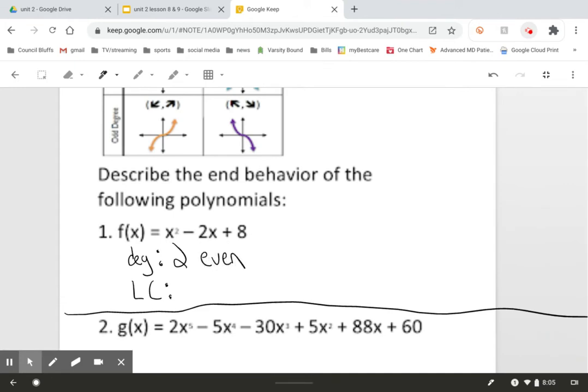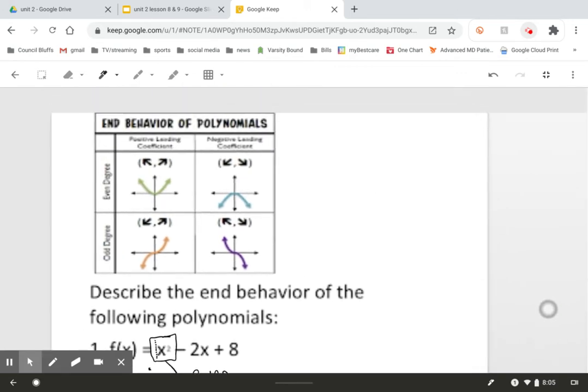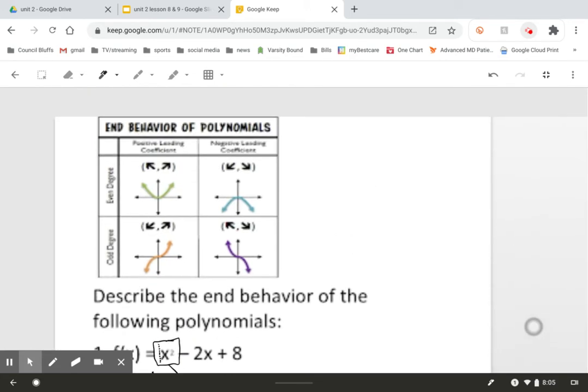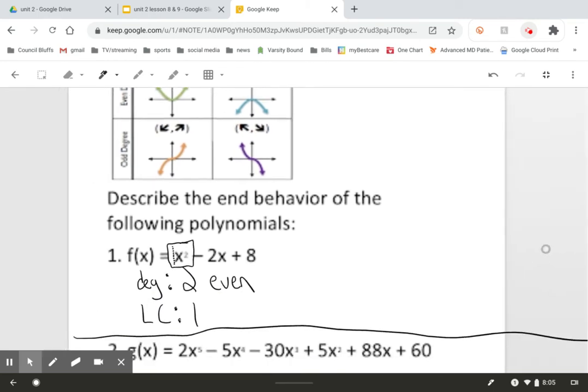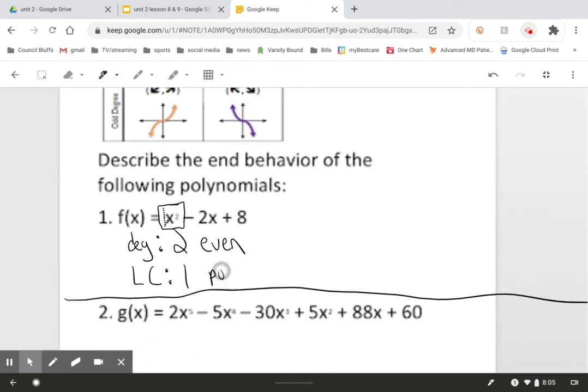The leading coefficient, remember, is the coefficient of the term with the largest exponent. So that's this term right here. The coefficient in this case is the imaginary 1 in front of the x squared. So this is a leading coefficient of 1, which, based on the chart, has to be either positive or negative. So 1 is obviously a positive number.